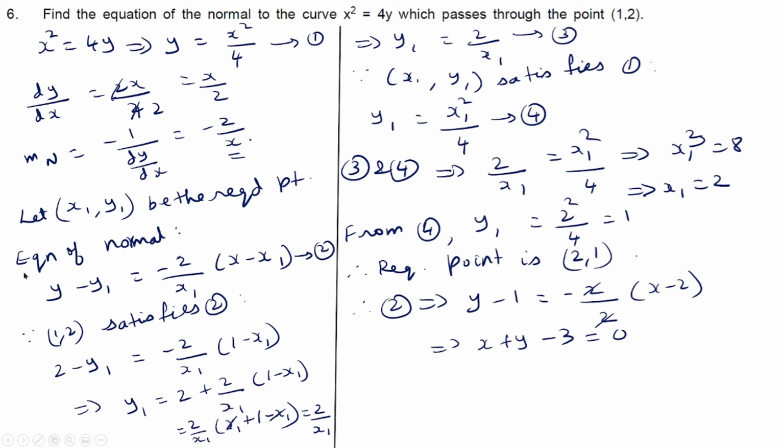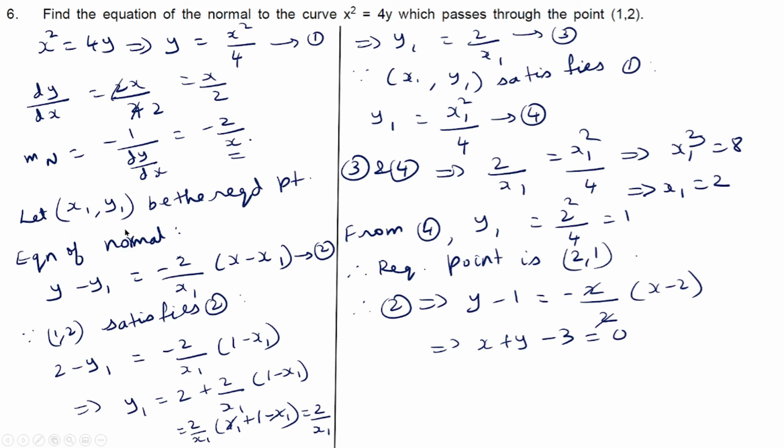So we can find the equation of the normal as y minus y1 is equal to the slope of the normal, minus 2 by x1, into x minus x1, and it is given this normal passes through this point 1, 2. It means 1, 2 satisfies equation 2. We substitute x as 1 and y as 2 here, and we get y1 is equal to 2 by x1.